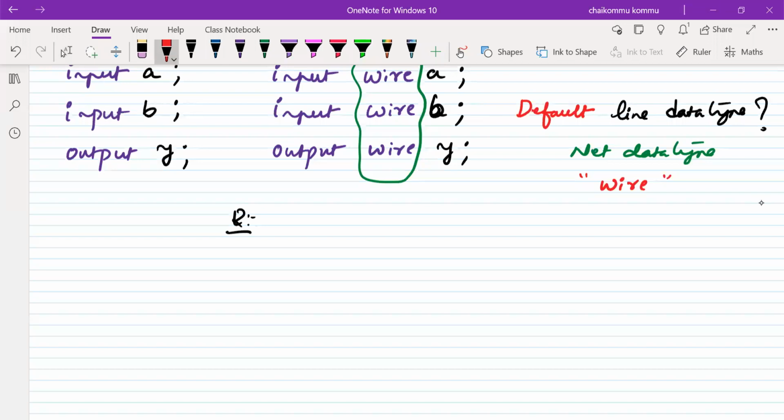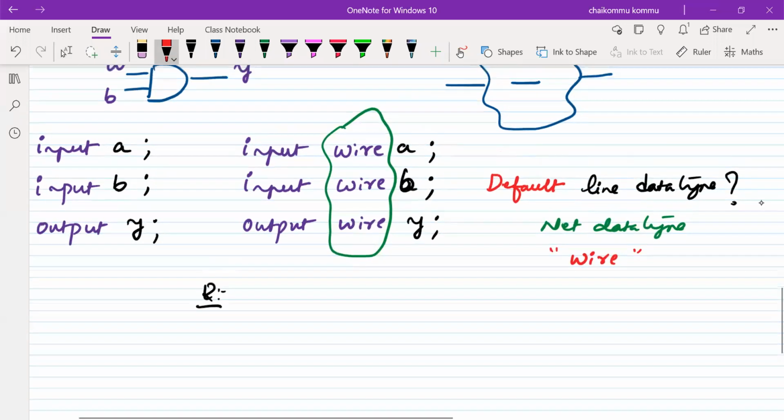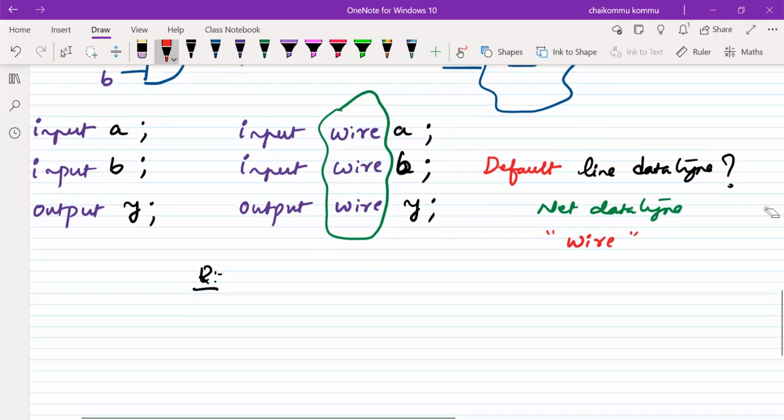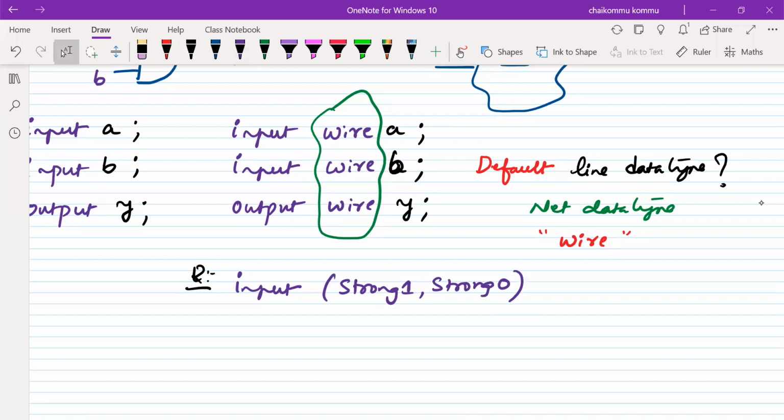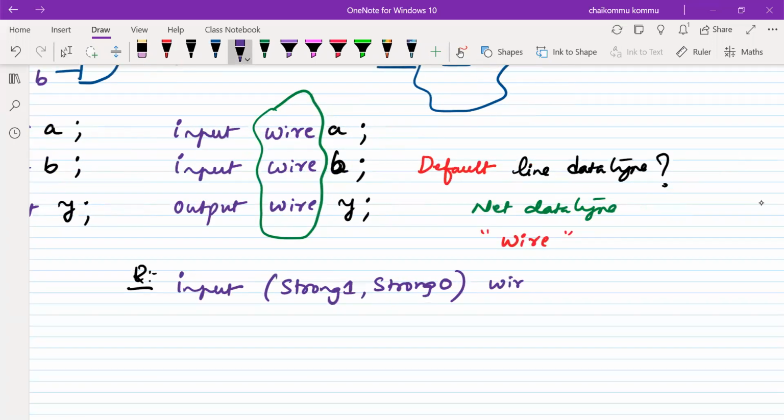So here also we need to write in this way: input wire, exact notation I am writing, with strong 1, strong 0, wire A. So this is exactly the notation that we have to follow.